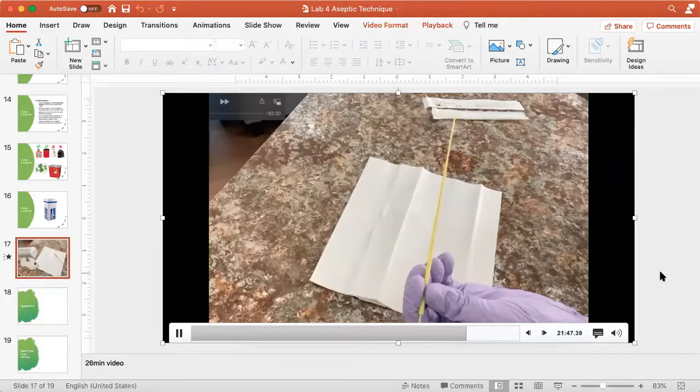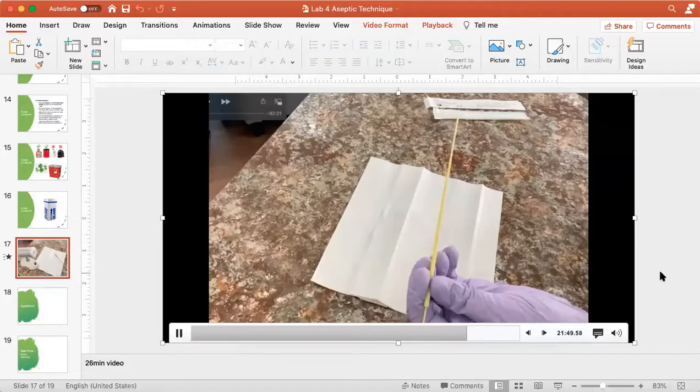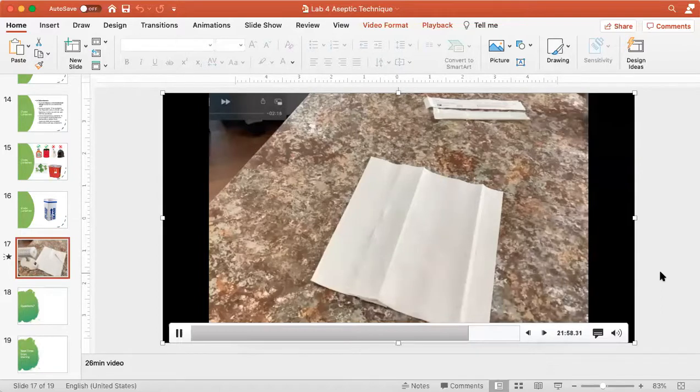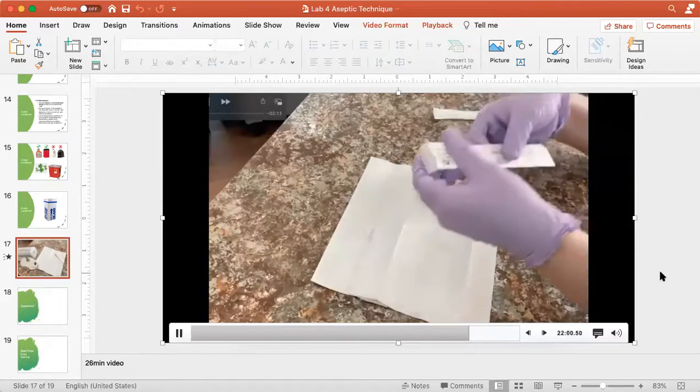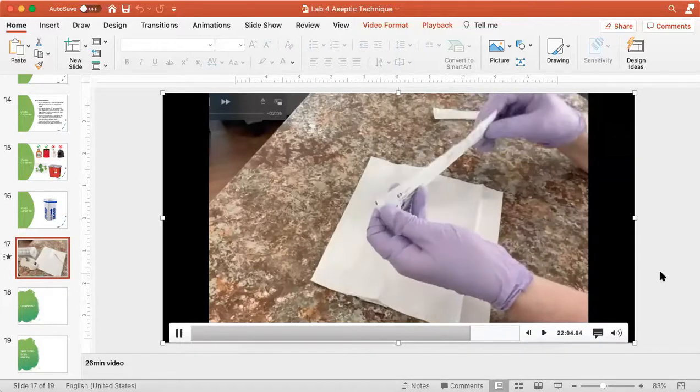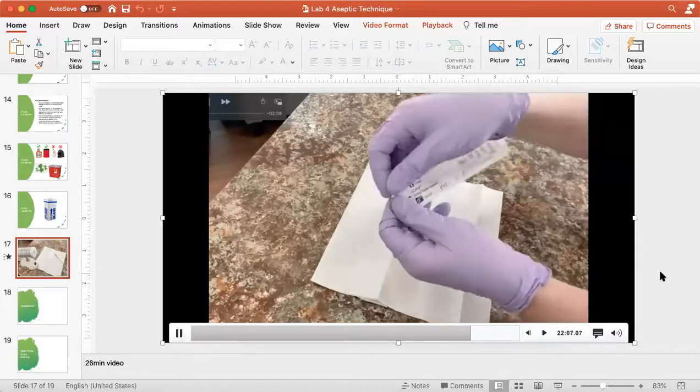Well, the next item that we can look at is the disposable cotton swab. Those are very useful in the microbiology lab. They come in these sterile packages. There's usually 2 swabs in the package. You can only open these packages at one end.